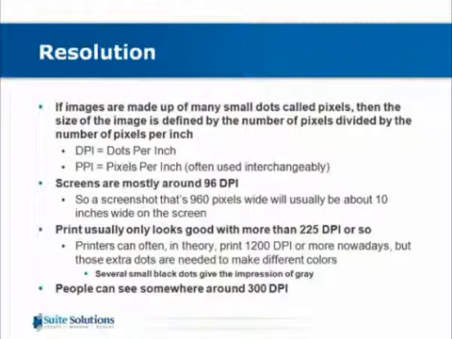That's why the 225 DPI number is so much lower than what in theory a printer can do. In practice, if it could really produce 2400 pixels per inch, you would never need that. And the reason for that is that the limit of human vision, it depends how close things are to your eye really, but at a normal distance of a foot and change or something, people seem to be able to see around 300 dots per inch.